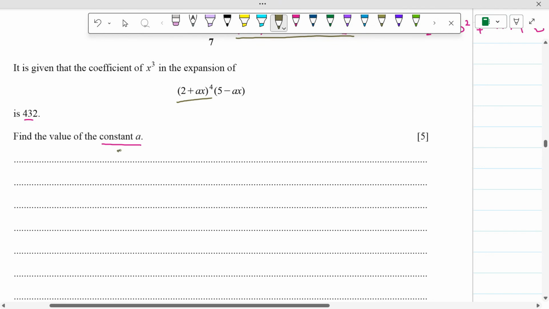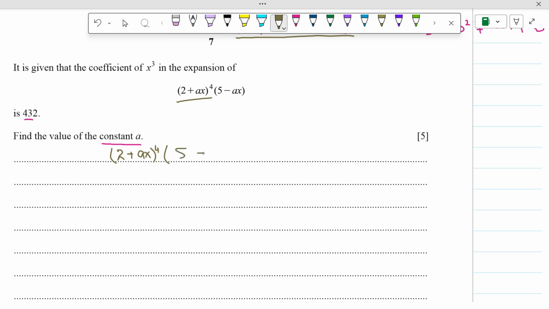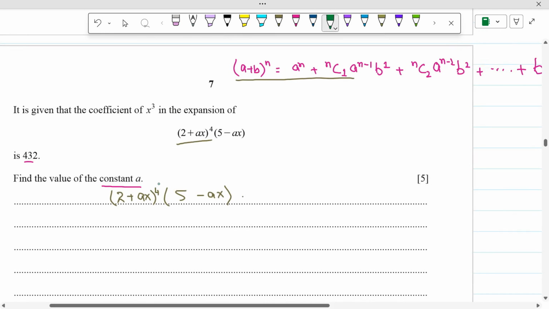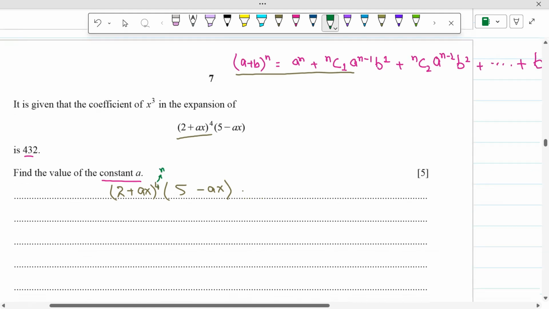So (2 + ax) whole power 4 times (5 − ax). Now in this case n is 4.